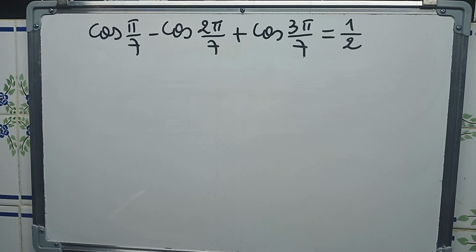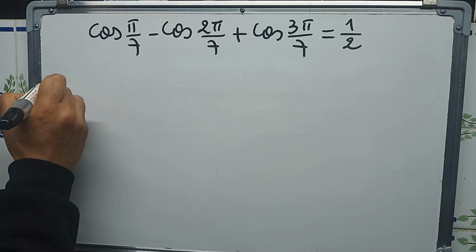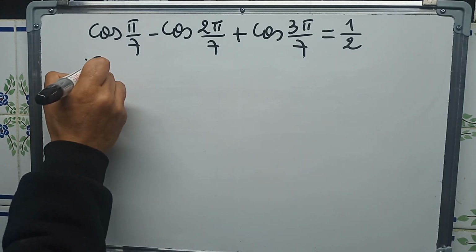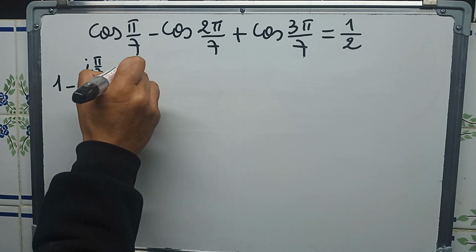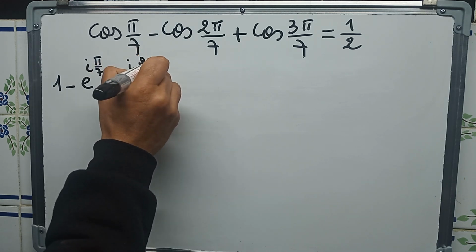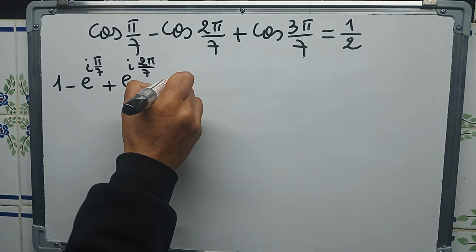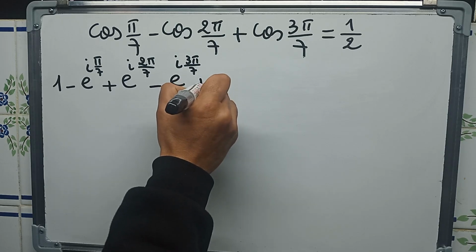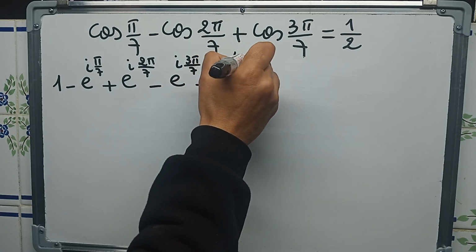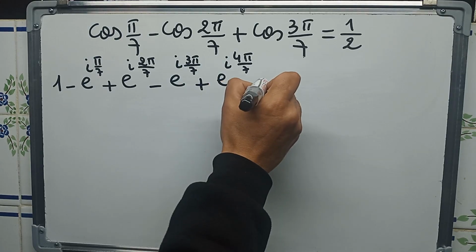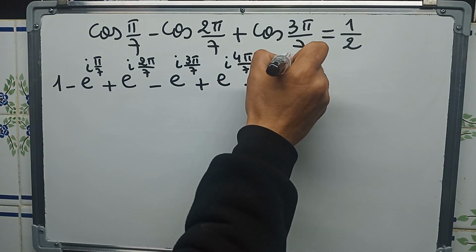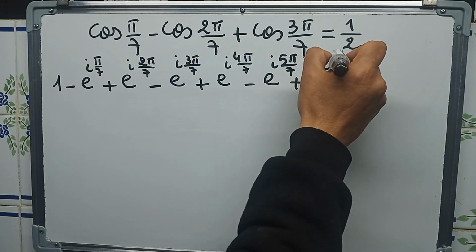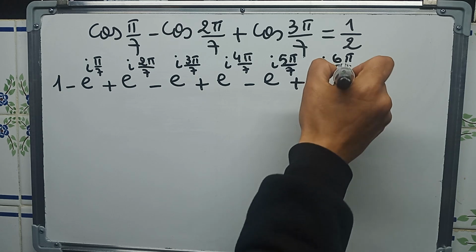For this, we will consider the number 1 minus e^(i pi over 7) plus e^(i 2 pi over 7) minus e^(i 3 pi over 7) plus e^(i 4 pi over 7) minus e^(i 5 pi over 7) plus e^(i 6 pi over 7).